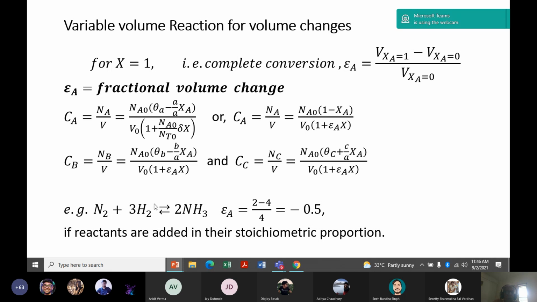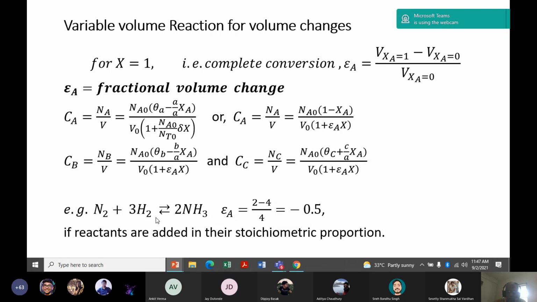But if we supply it as 70% and 30%, what will be the molar ratio? The molar ratio will be different. 3 by 1 was initially assumed, but it is not 3 by 1. This will be 70 by 30, 7 by 3. So for hydrogen, you will get different. And what will be epsilon?